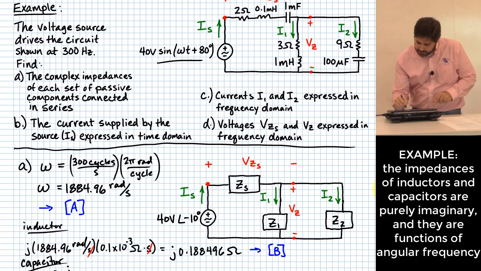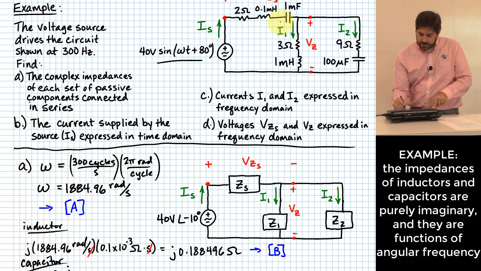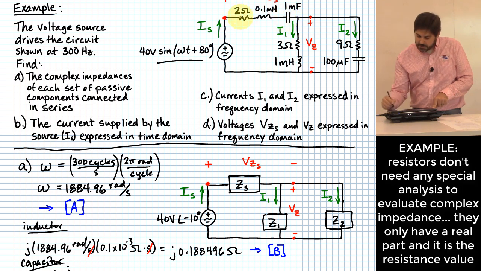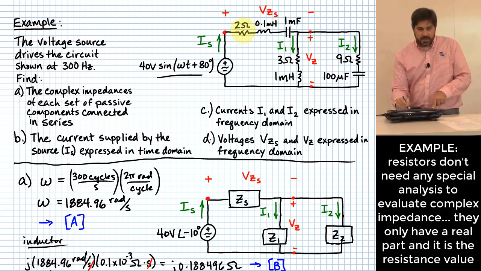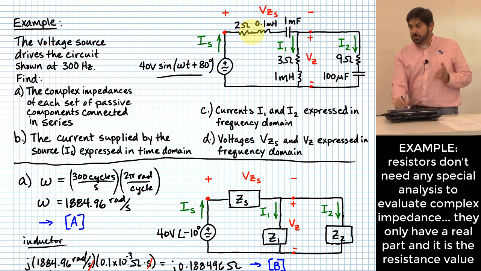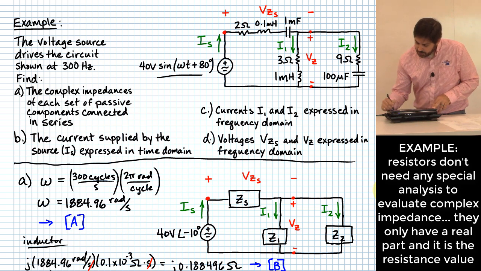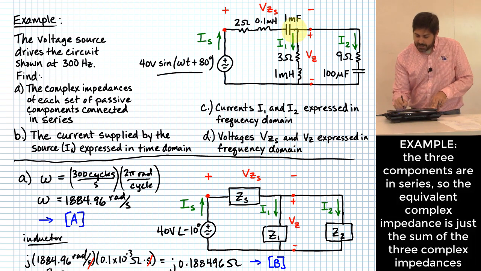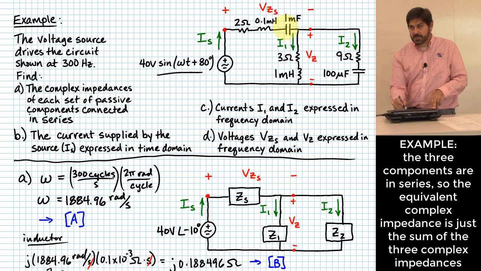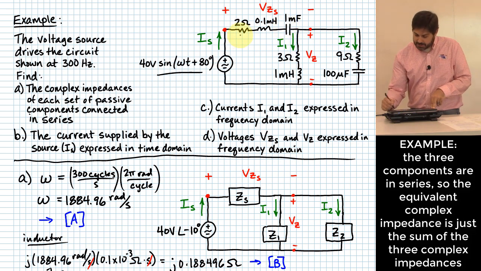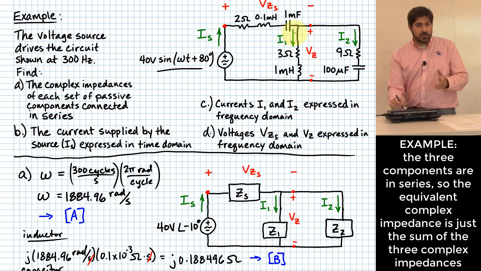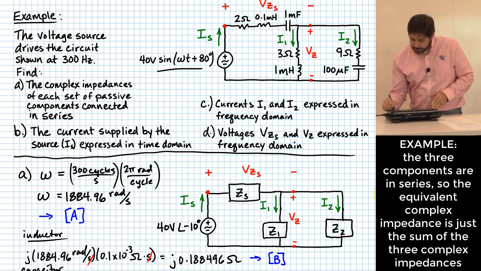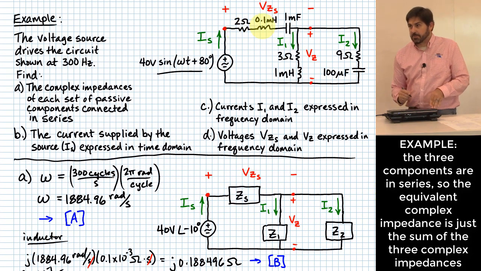Okay, those were for the two elements up here on the top that we needed to convert. What about the 2 ohms? That one doesn't need conversion. Resistors don't need conversion to complex impedance because they are already in a form that's appropriate for complex impedances. So I don't need to do anything to convert the resistor. What do I need to do? I probably need to add up those 3 complex impedances that I now have, 2 ohms, and then these other 2 that I just found, to get my overall complex impedance on that little leg of the circuit up there.